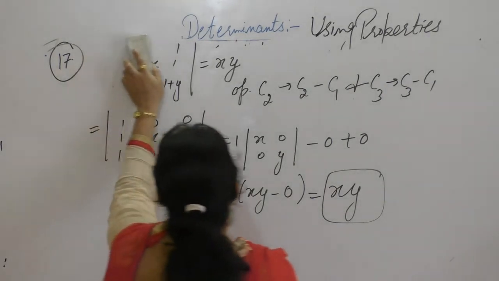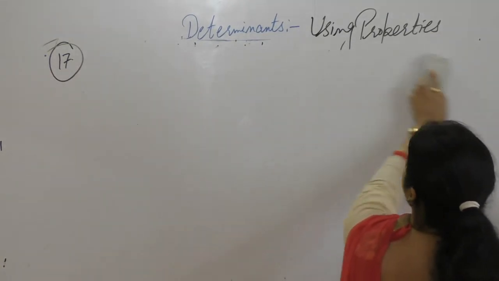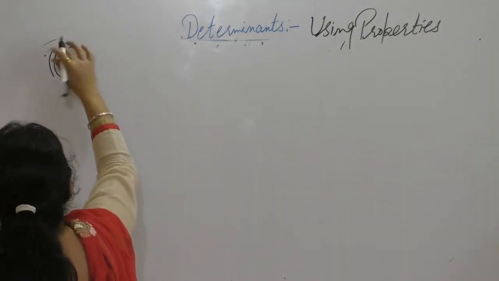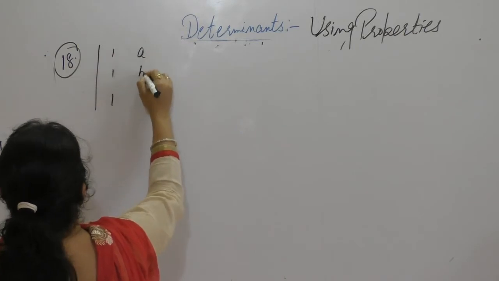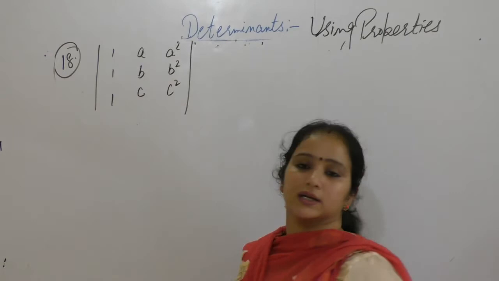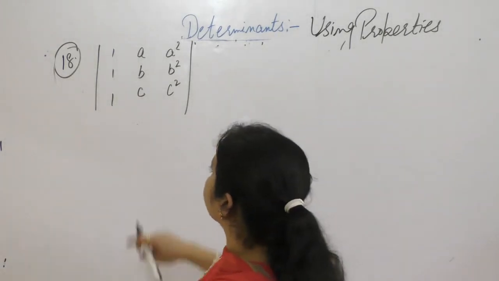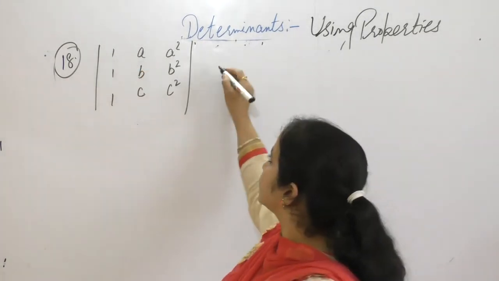Next is question number 18. Evaluate the determinant with rows (1, 1, 1), (a, b, c), (a square, b square, c square). Now in this type of question, what we have to do is operate R2 minus R1 and R3 minus R1.